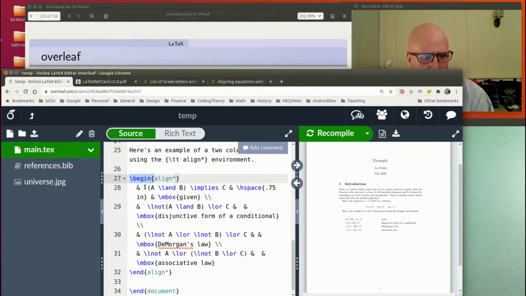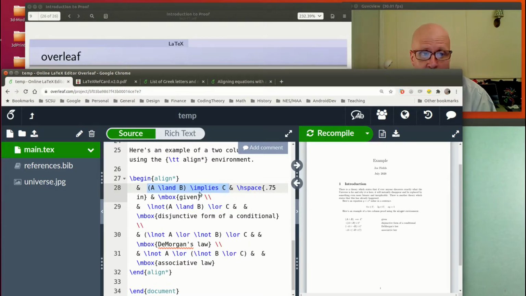So what have I got here? I've got an alignment symbol, and then the text for A and B implies C. Well, what's the difference?